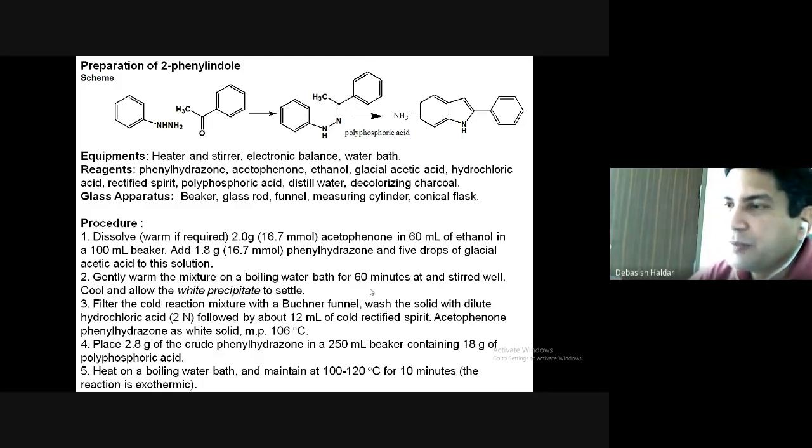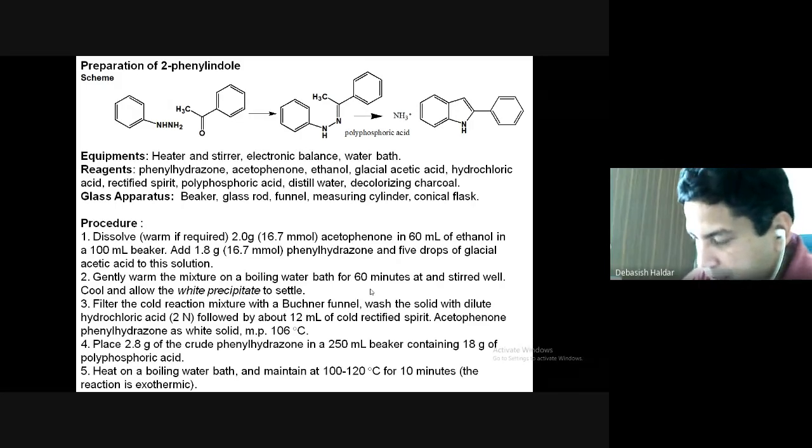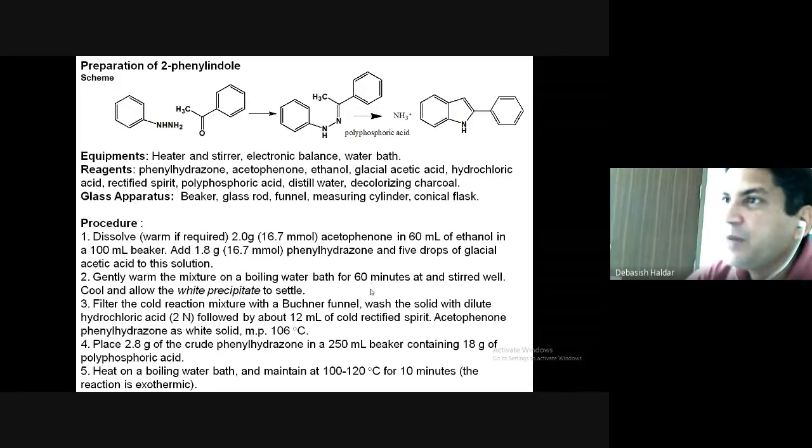Sometimes on a heating mantle we cannot control the temperature, and it may char the product, so from the beginning you will get a very dark colored material. So we will heat it gently on a water bath. It's boiling water, vapor is coming out, and with that vapor we will heat it, on a boiling water bath for 60 minutes, and stir well with a glass rod occasionally.